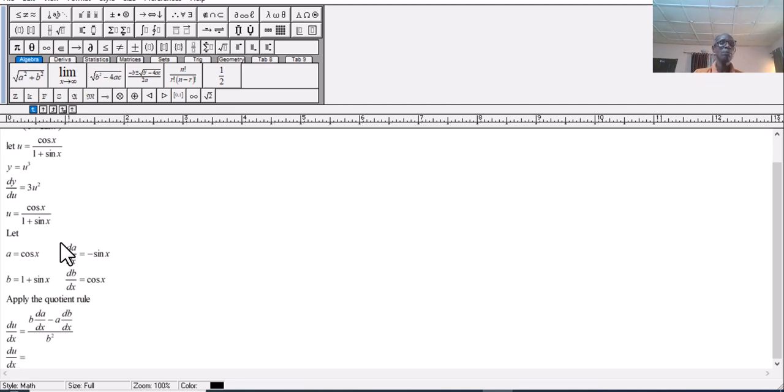So remember our b is equal to 1 plus sine x. Then da/dx is equal to minus sine x, so I'm going to put minus sine x here. Minus, so our a is cos x, then our db/dx is equal to cos x.